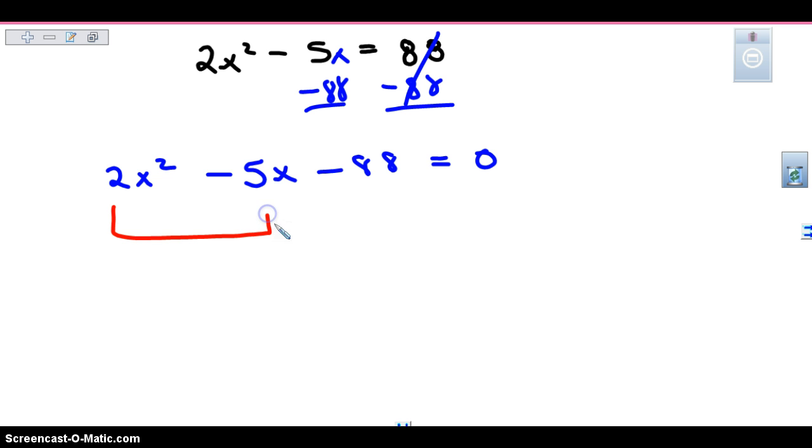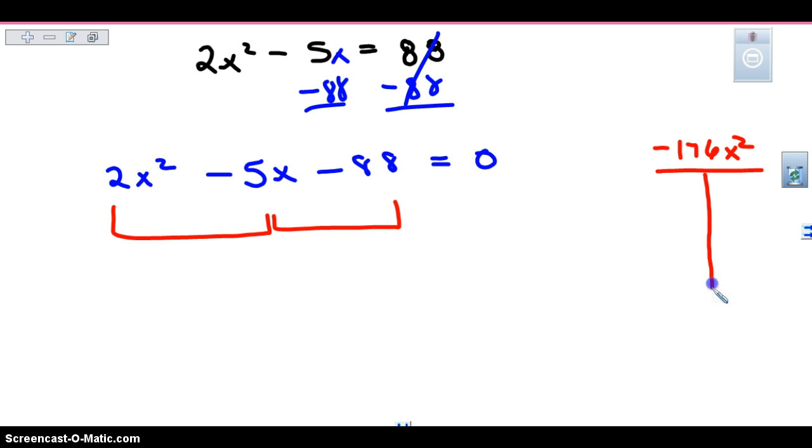We multiply 2 times 88 and we get negative 176 x squared.